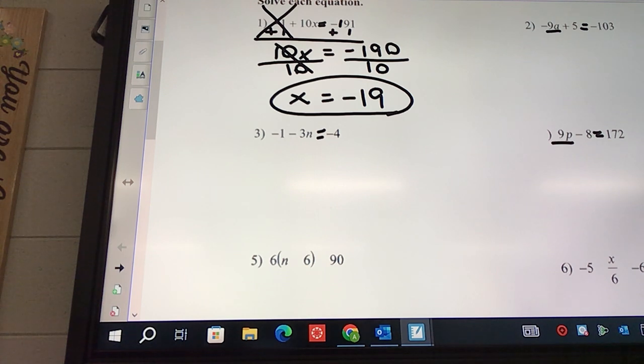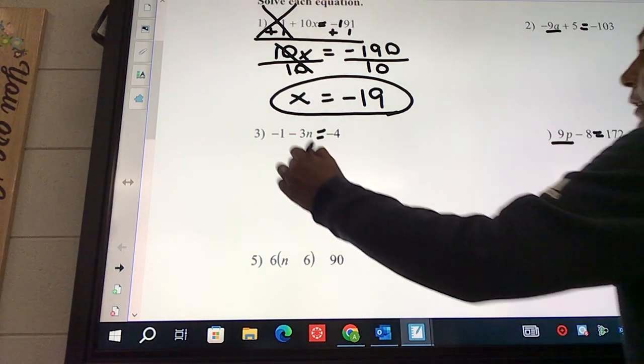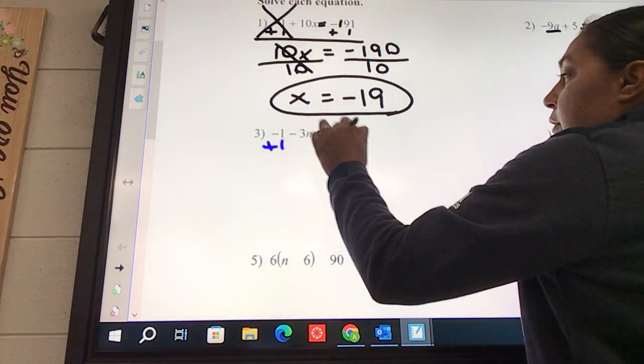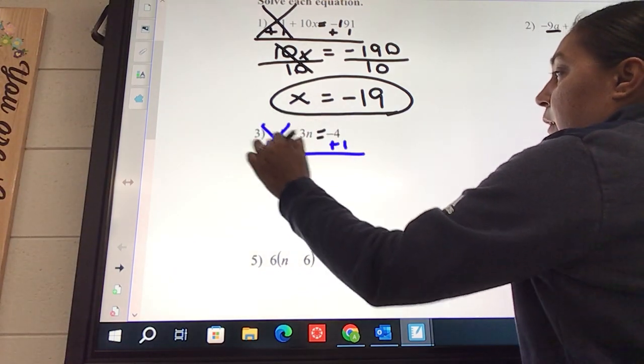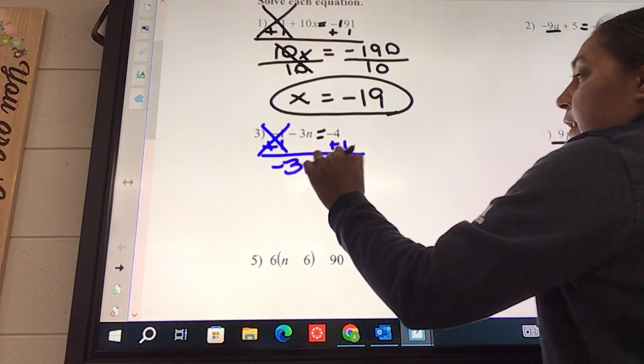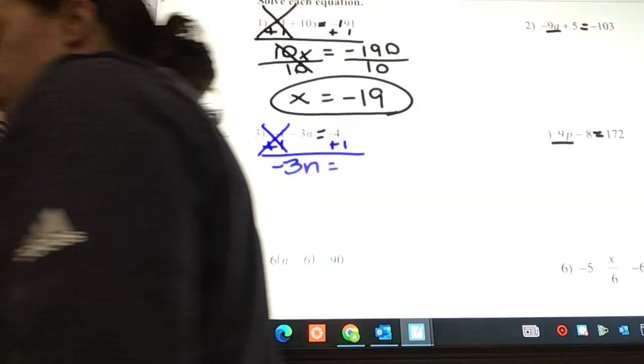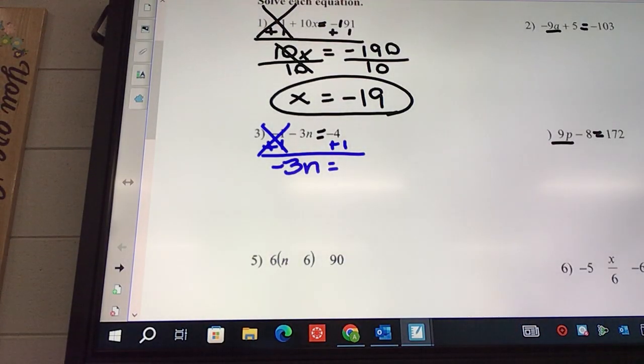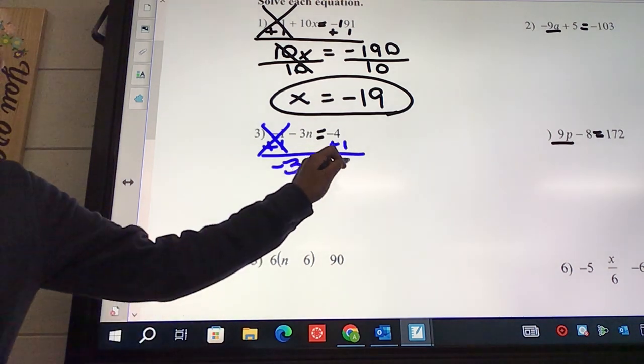Okay, so if we're looking at 3, what needs moved first? The negative 1. So we're going to say plus 1, plus 1. I got negative 3n equals, what is negative 4 plus 1? Negative 3.